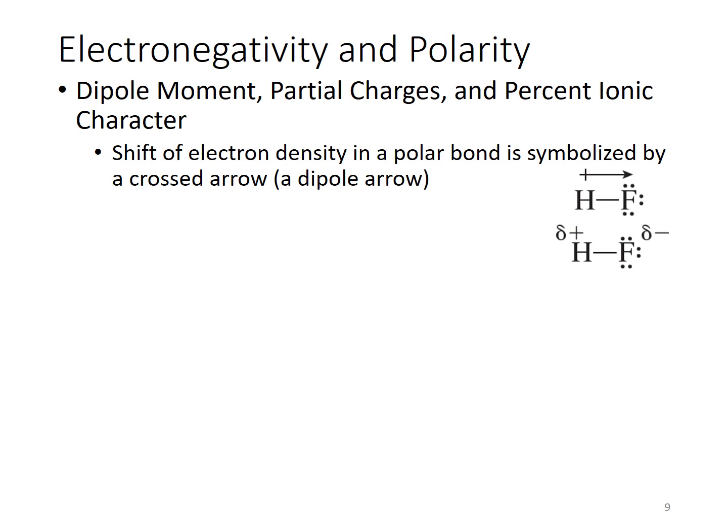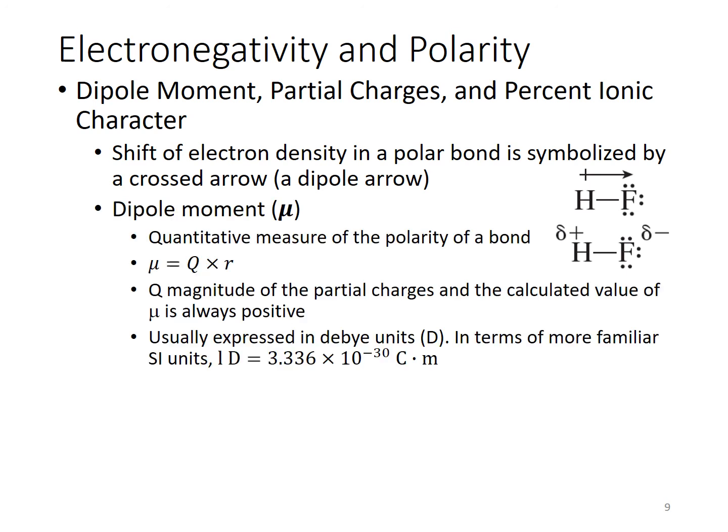So it's important that these arrows go in line with the bond that you're referring to. And a longer arrow would indicate a stronger discrepancy in the electronegativities. It would mean that there is a bigger discrepancy in charges. And we call that a dipole moment.